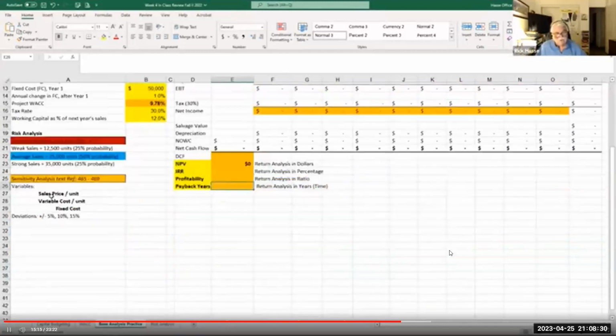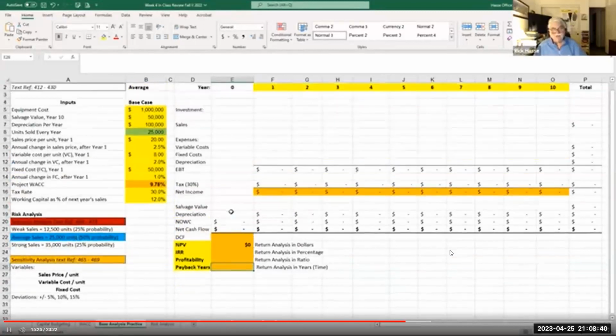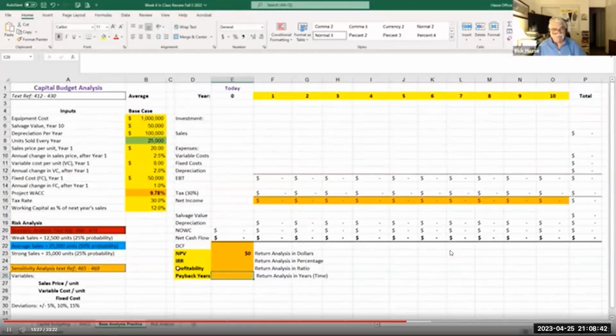We'll do the risk analysis, talked about in chapter 11. That's jumping ahead of next week, but we'll be doing that as well. You're doing all of this analysis, this exact same sheet, except the numbers are different and the years are different for your case number 2.